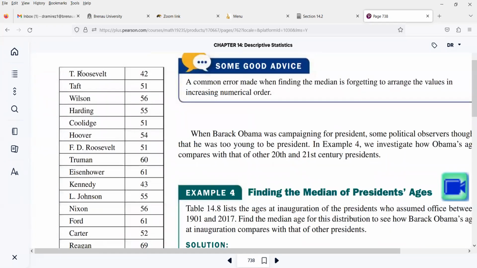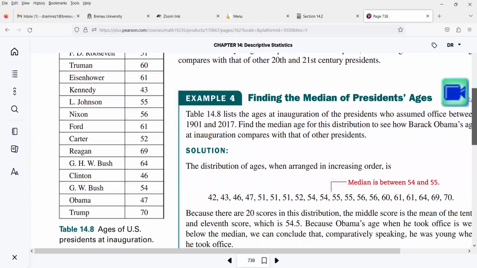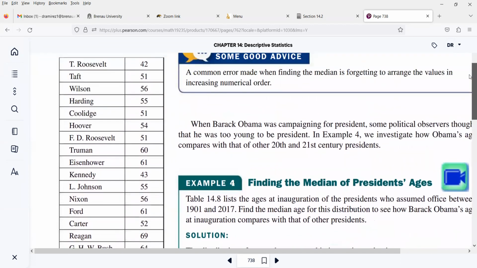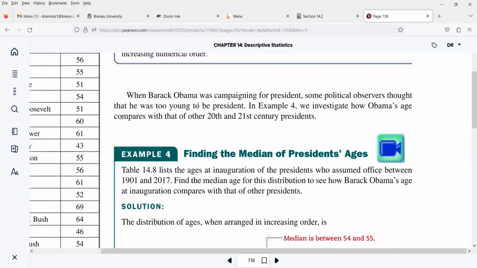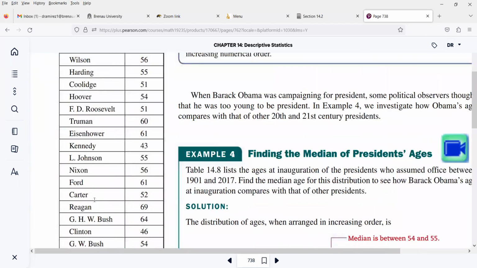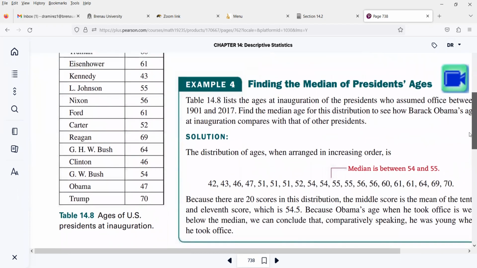And you can see every president elected since 1901, from Teddy Roosevelt all the way to Donald Trump. Okay, so we have all these ages. What I'm going to do is arrange the ages in order. So for this matter, Barack Obama was 47 when he took over.